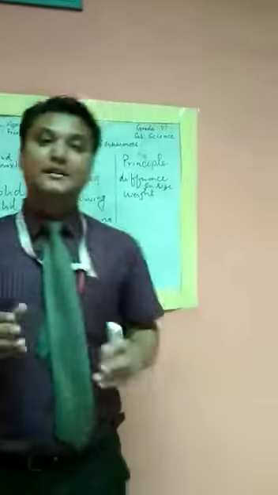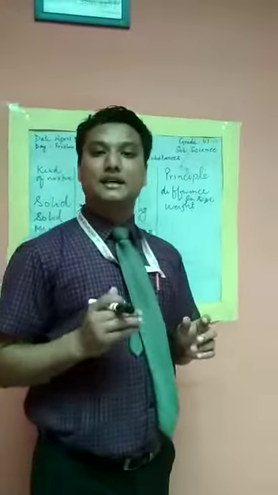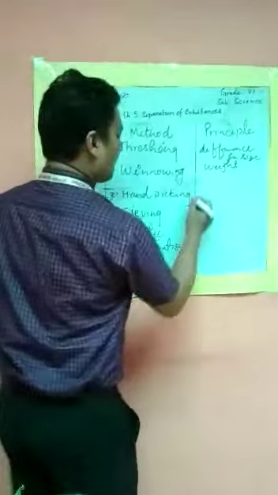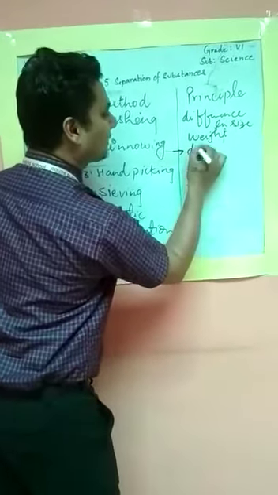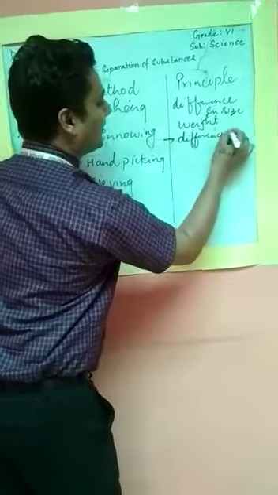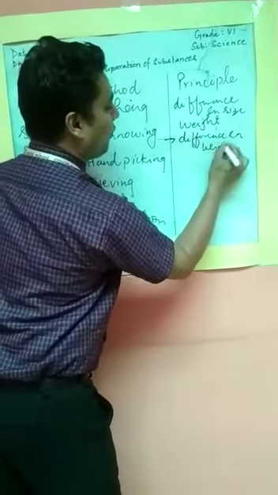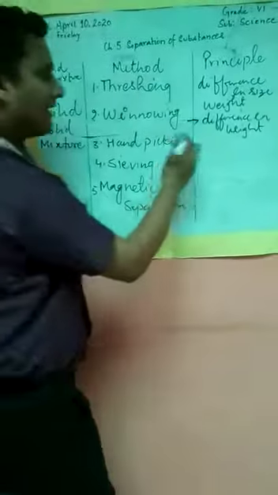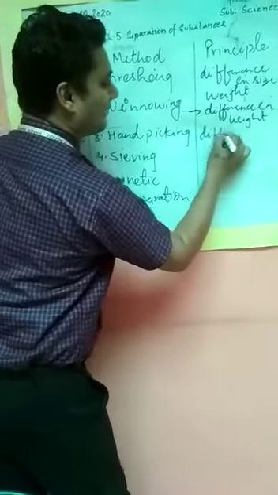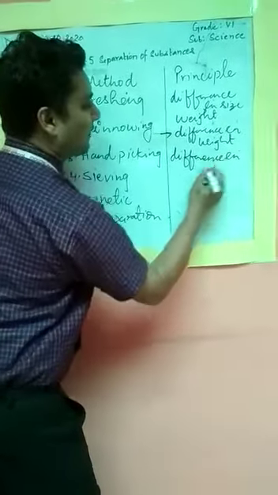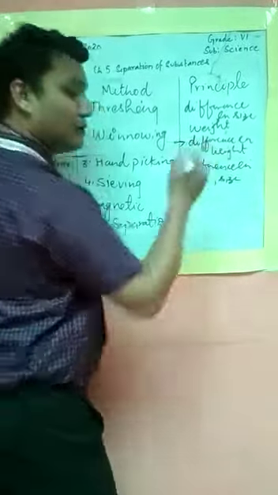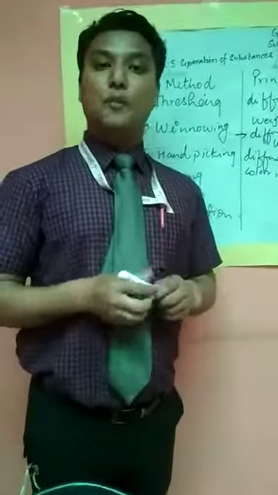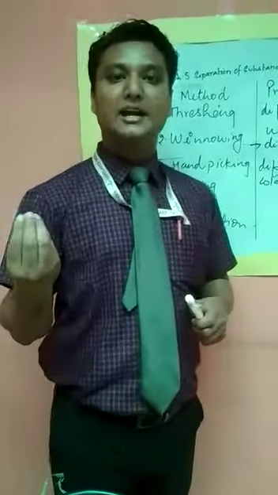The principle of this hand picking method is difference in size and difference in color. For winnowing, the principle was difference in weight, and for hand picking, the principle is difference in color and size. So you can recognize the components of the mixture, and using your hand you can just pick them up.